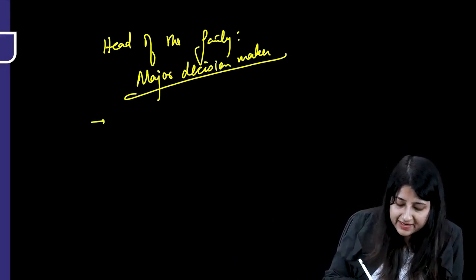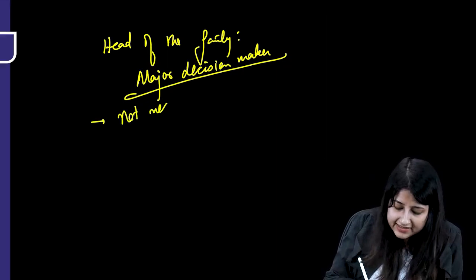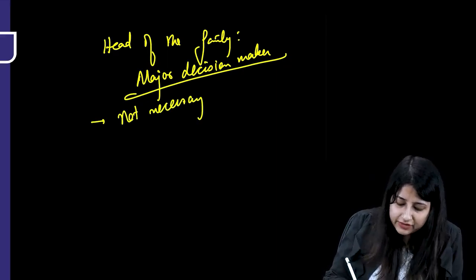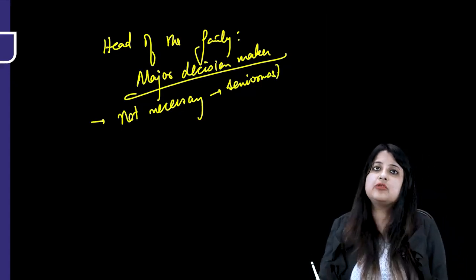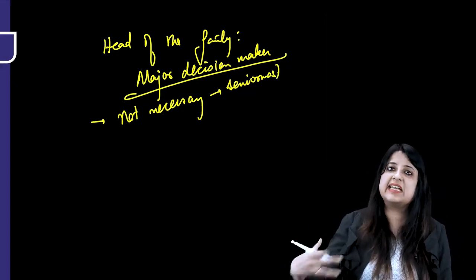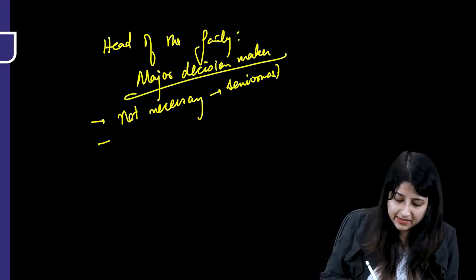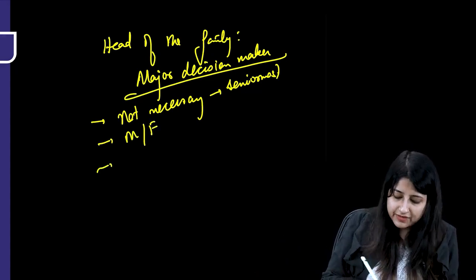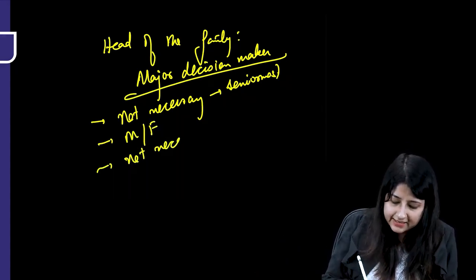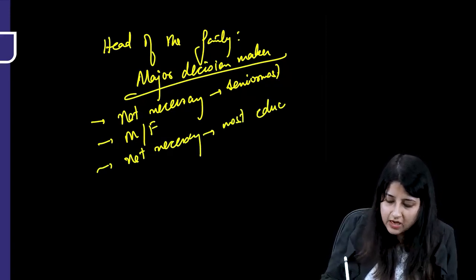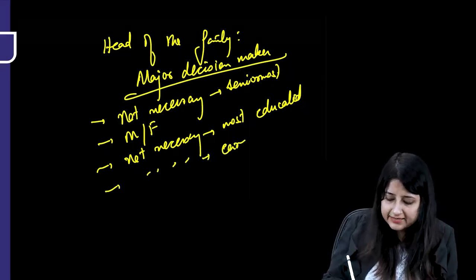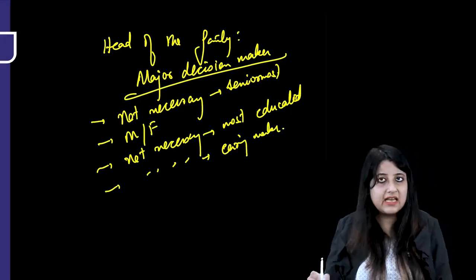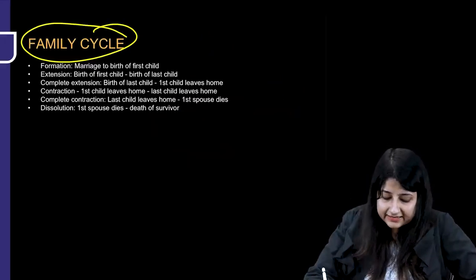It is not necessary that the head of the family is the senior most, but in a joint family you will see that many times the senior most becomes the head. It can be male or female. It is not necessary that the head is the most educated, or the earning member. Please remember this.